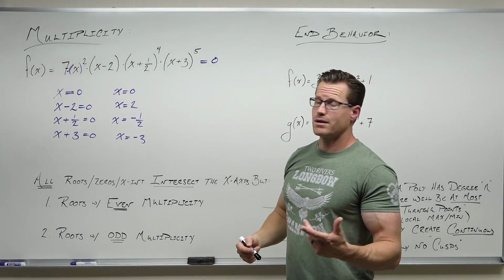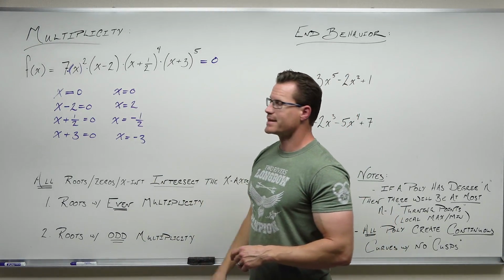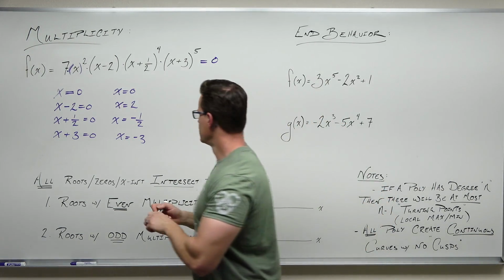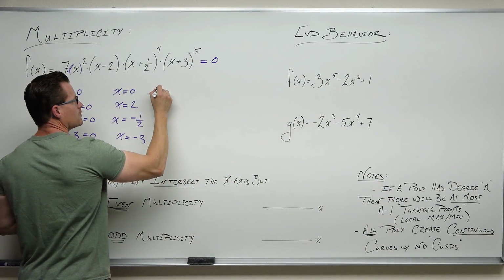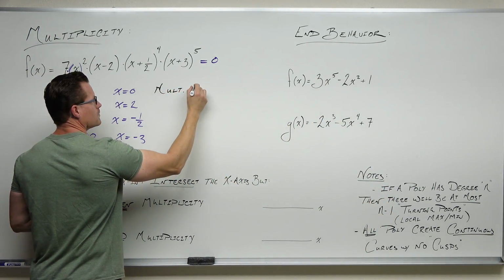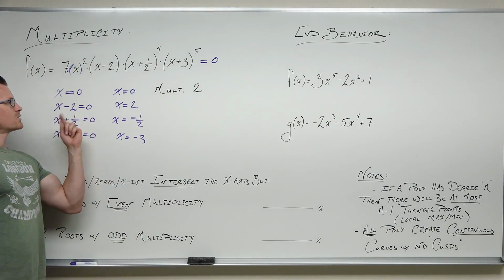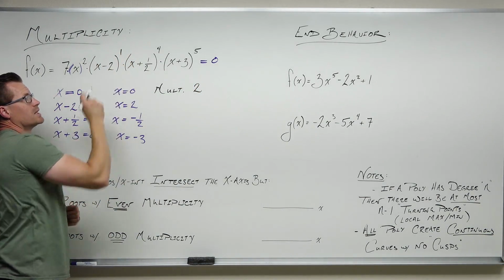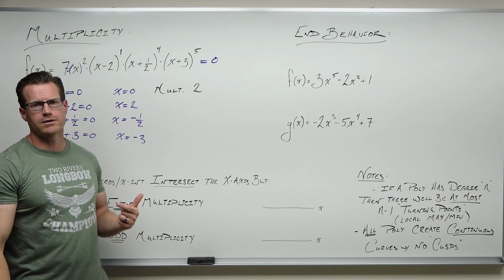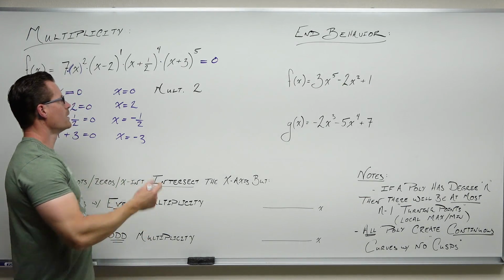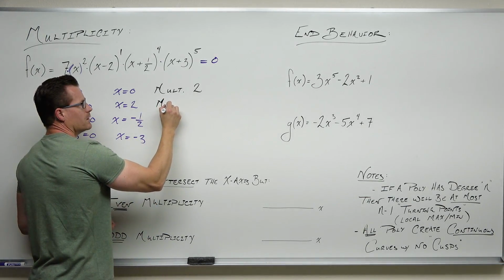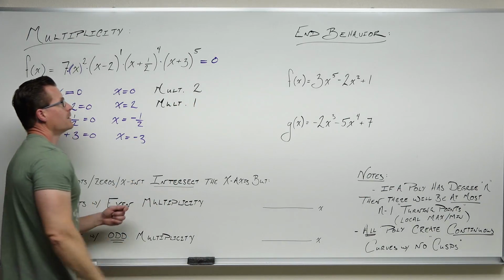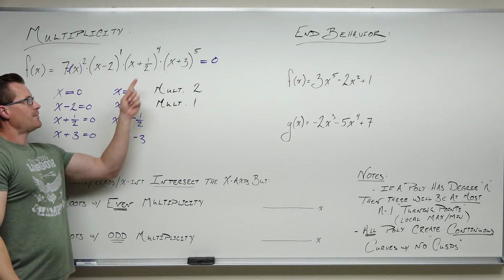So what we would say here is that x equals 0 has a multiplicity of 2. And x equals -2 has a multiplicity. Give it an exponent. Make sure all of your factors have an exponent. They all will. This has a multiplicity 1. X plus 1/2 has a power 4.